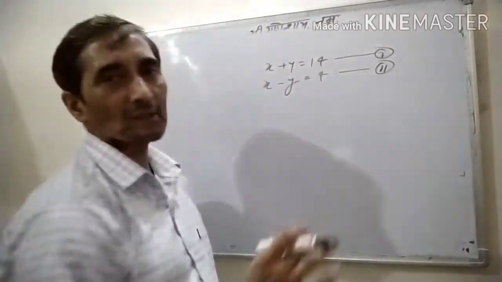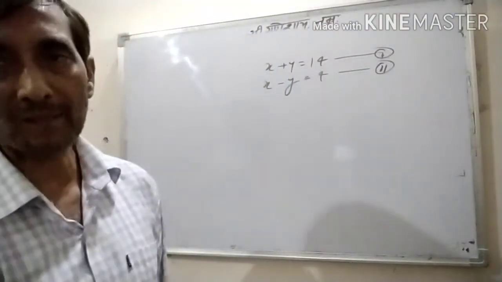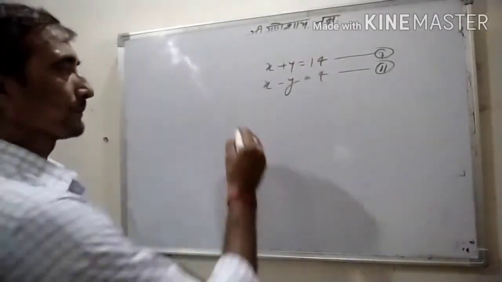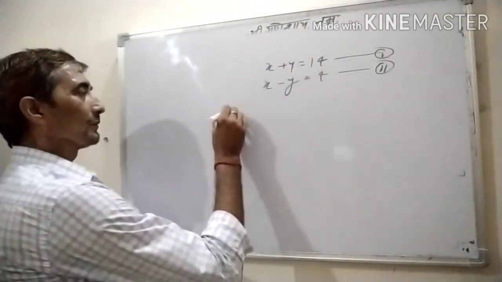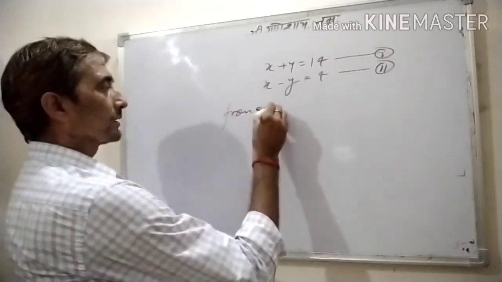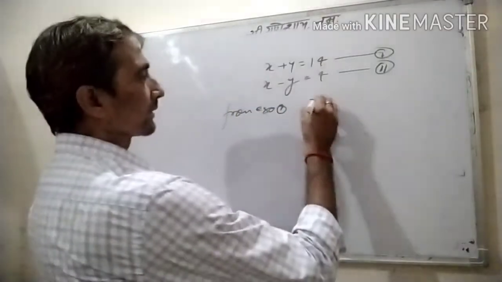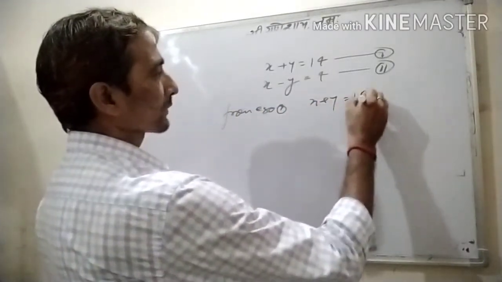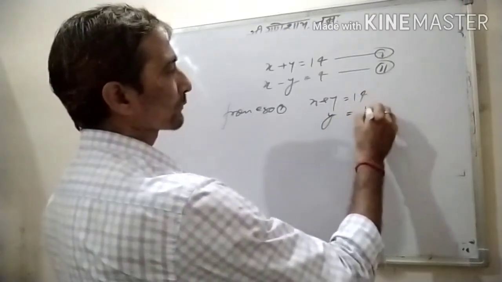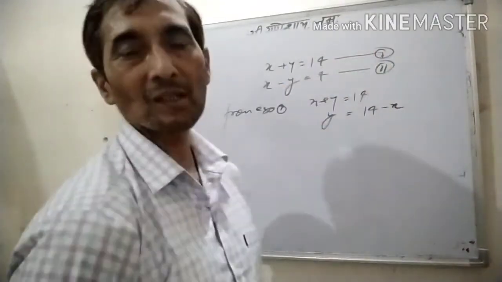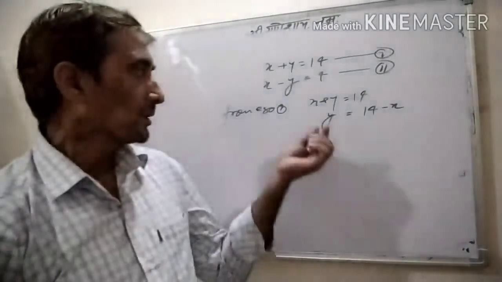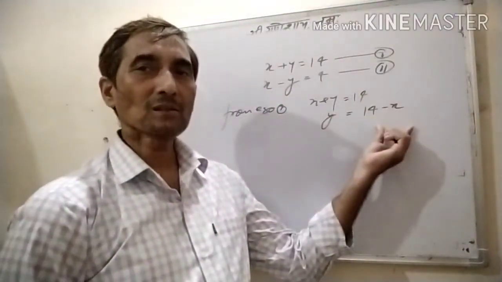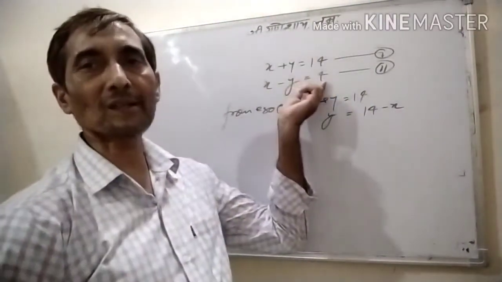I am going to find the value of y in terms of x from equation number 1. From equation number 1, x plus y equal to 14, y equal to 14 minus x. Like this. This value of y, substitute in equation number 2.